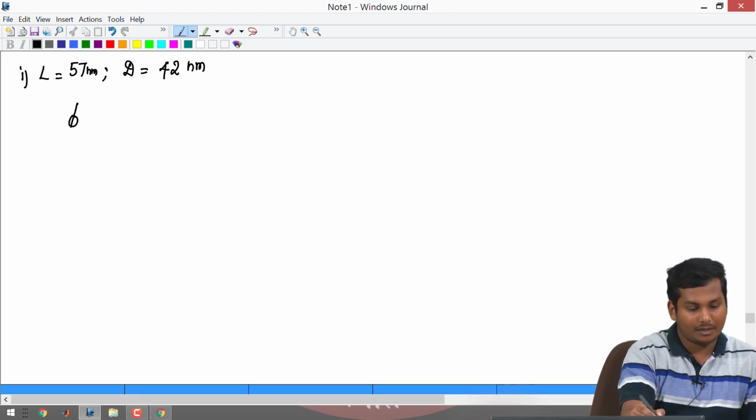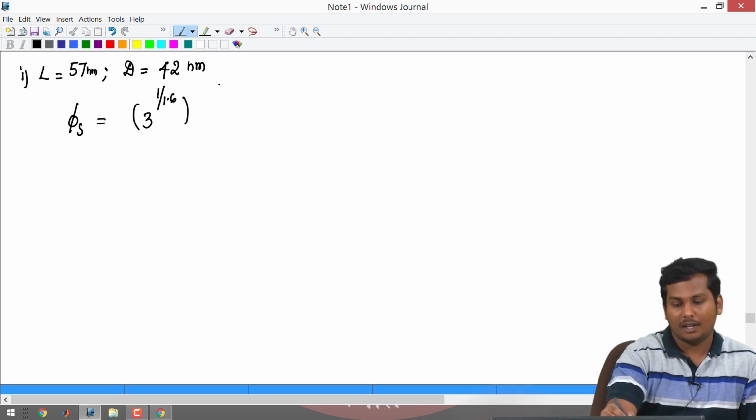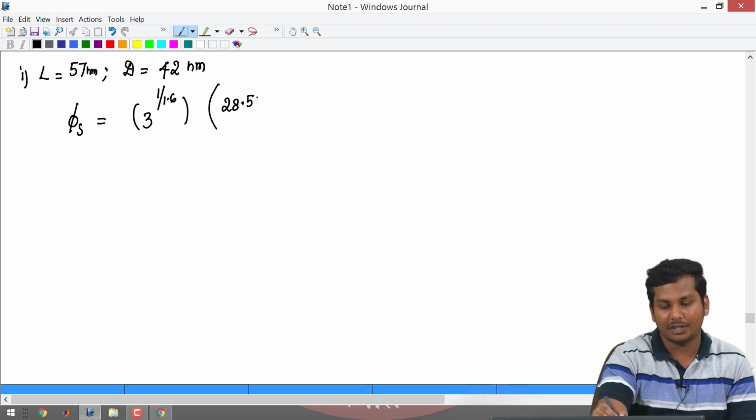So, the sphericity will be 3 to the power of 1 by 1.6 times 28.5, which is half of 57 nanometers, times 10 to the power of minus 9, times 42 by 2 is 21.